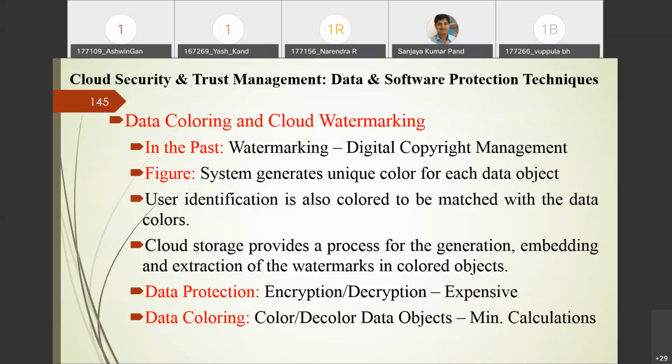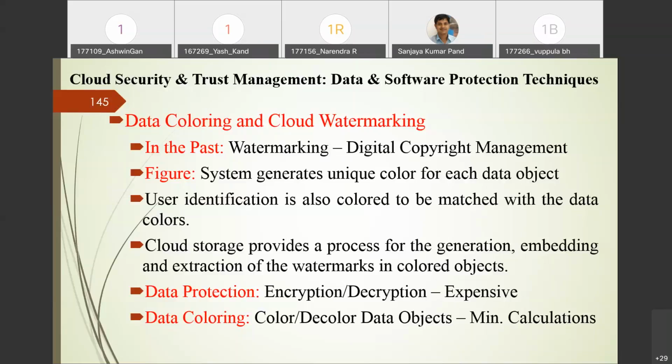Even now, whenever we prepare a seminar report or project report, on each and every page in the background we give a watermark. That watermark signifies that this research work belongs to this particular organization, right? So watermarking is a very good technique.